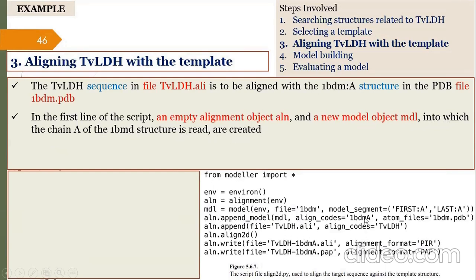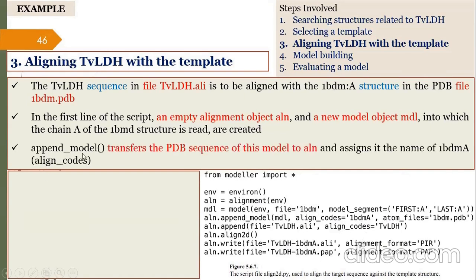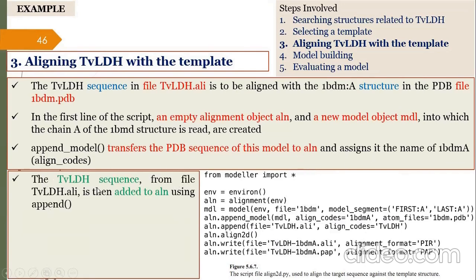So 1BDM is read and created, and after that it is assigned to Modeler to align the two. The append model transfers the PDB structure to this model to align, and the TVLDH sequence from the .ali file is then added to the alignment using append.